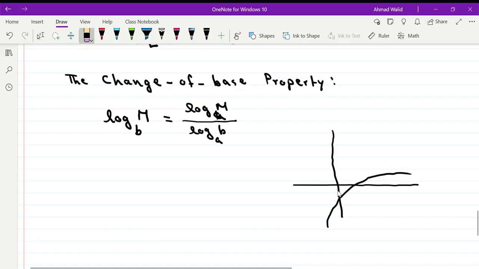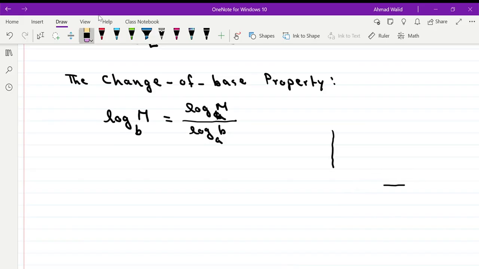Now, the change of base, I will not focus too much on this. We will not do examples, but I just explain it to you, because in this class I'm not with you inside the class to show you how to actually use the change of base formula. That's why I try to skip this part of the lecture, but I just put it as a formula for you.